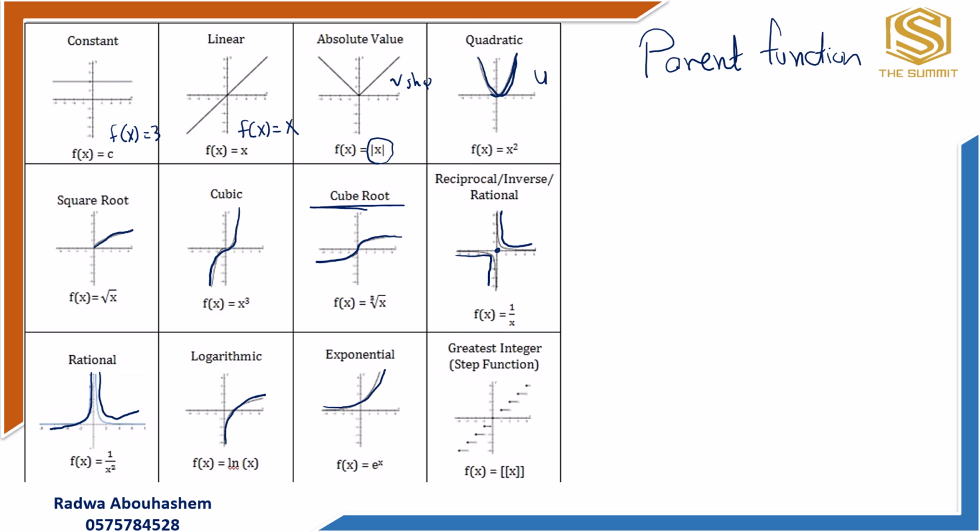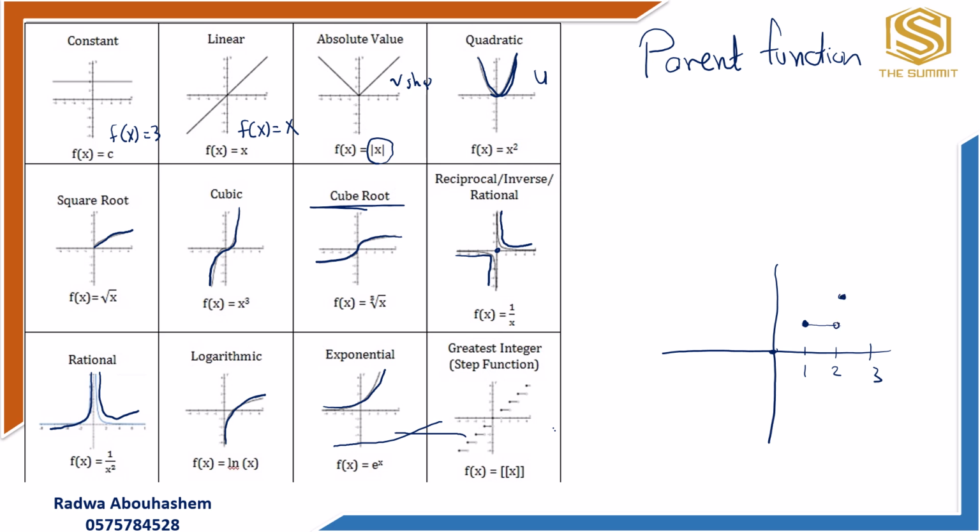The greatest integer function. Let me make it clear for you here. Starting from 0, here's 1, 2, 3. It would be a closed circle, then an open circle, and you have another step.